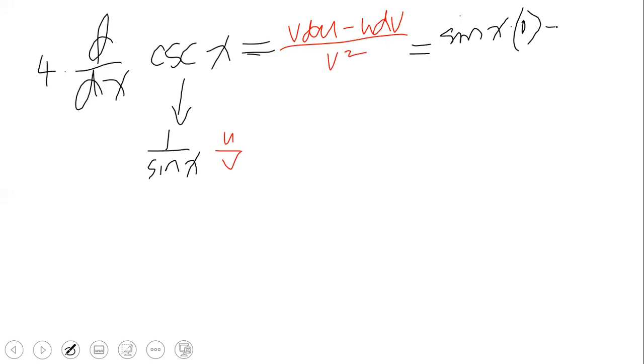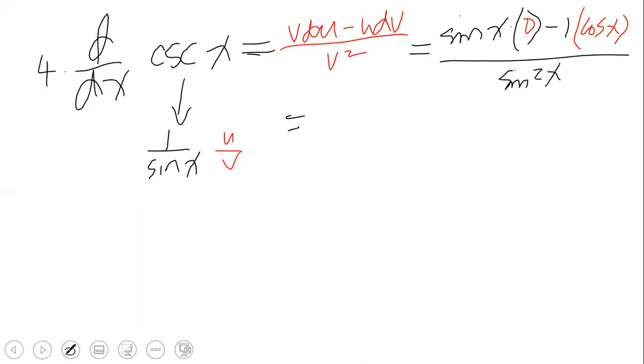Ang u natin is 1. So 1 times the derivative of sine x. So the derivative of sine x is cosine x. Tapos wag kalimutan ng denominator, which is over v squared. So that will be sine squared x.